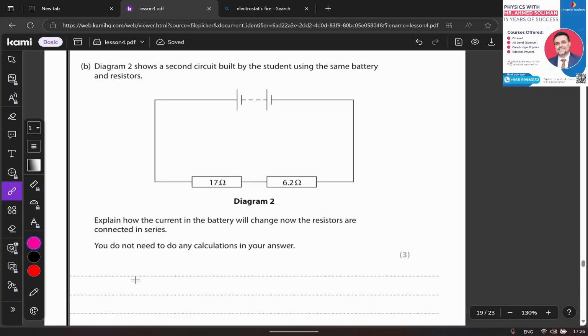Diagram 2 shows a second circuit built by the student using the same battery and resistor. Explain how the current in the battery will change now the resistors are connected in series. You do not need to do any calculation. So what happened in series?